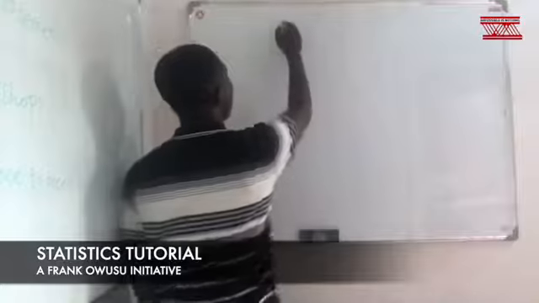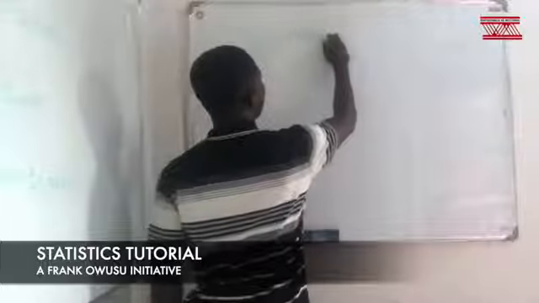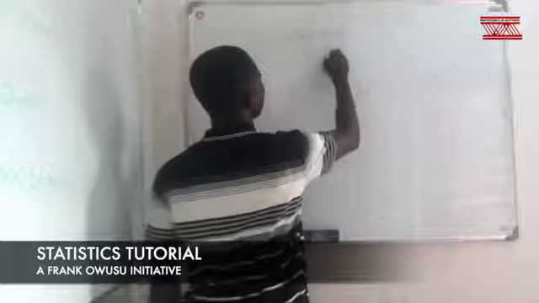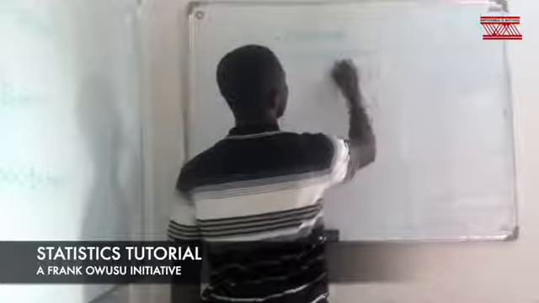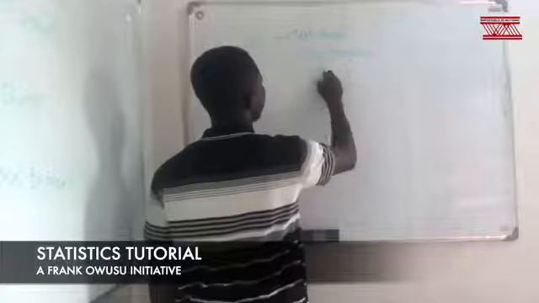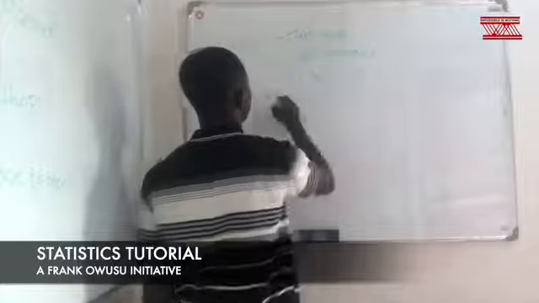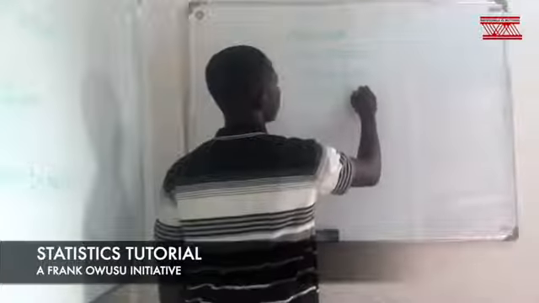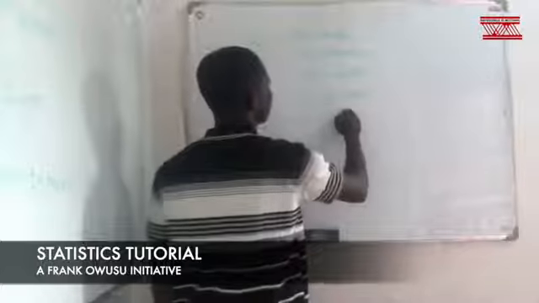Okay, so we have class mark, we have class boundaries, we have class width, we have class limits, and we have class interval.